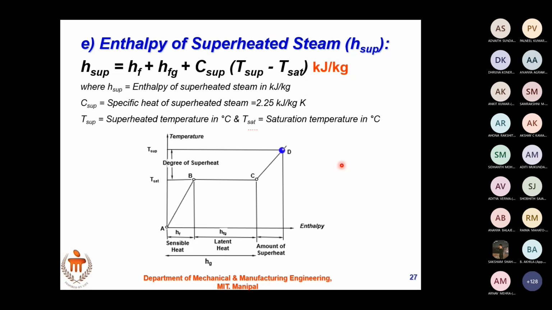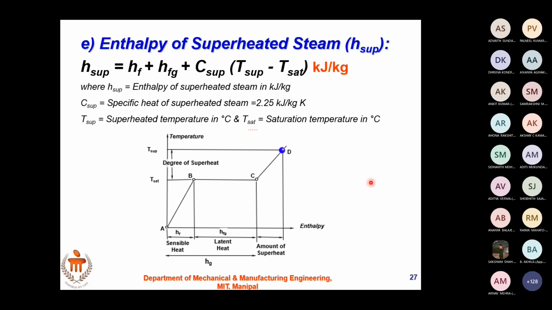Ma'am, so this would be for any point above C, right? Any point above C, yes, for superheated steam only. And superheated steam is between C and D. Anywhere above C is superheated steam.